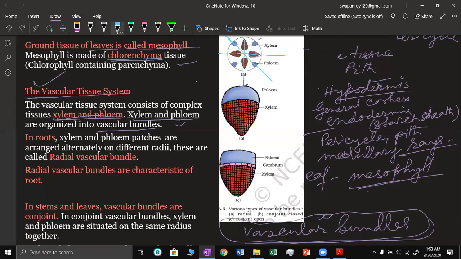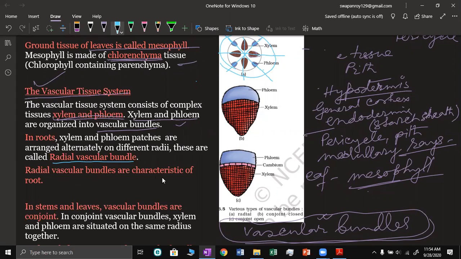This is the xylem radius, this one is the phloem radius. So xylem and phloem are on different radii, and this type of vascular bundle is known as a radial vascular bundle. The radial vascular bundle is a characteristic of root, and in it the protoxylem is outer, that is, the xylem is exarch.